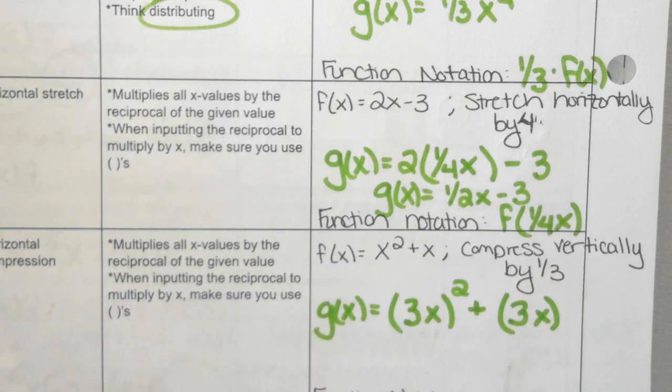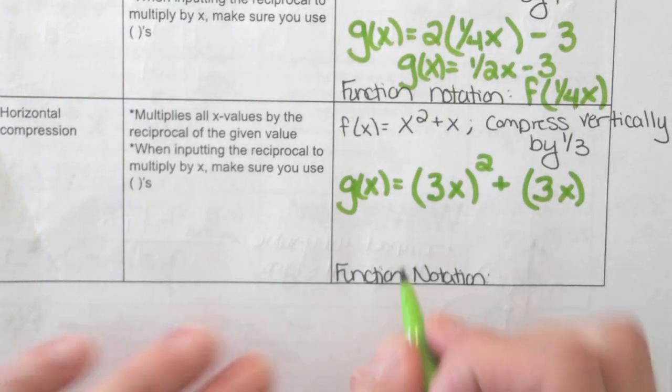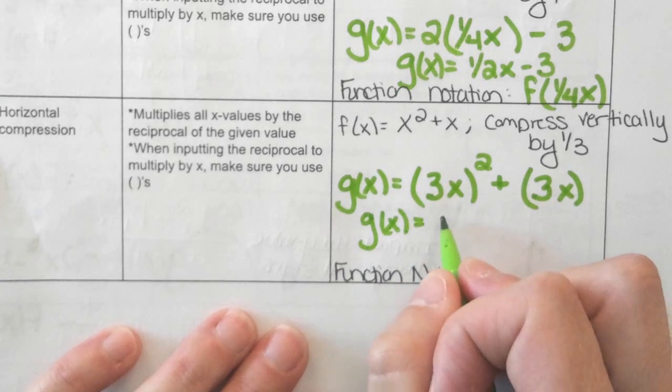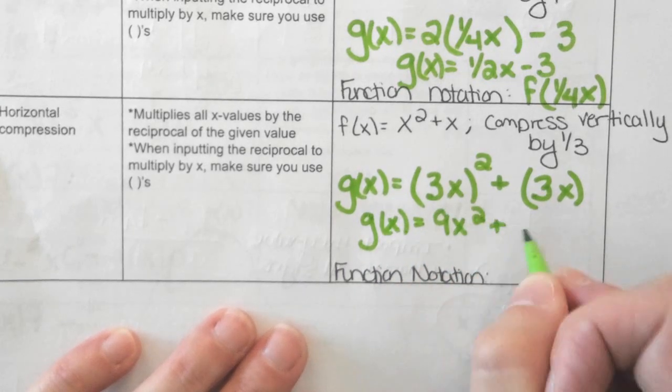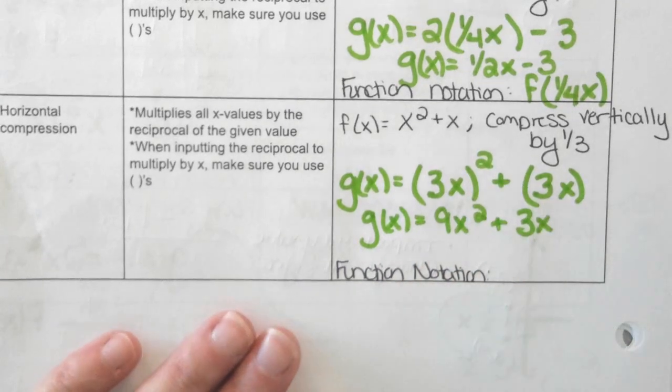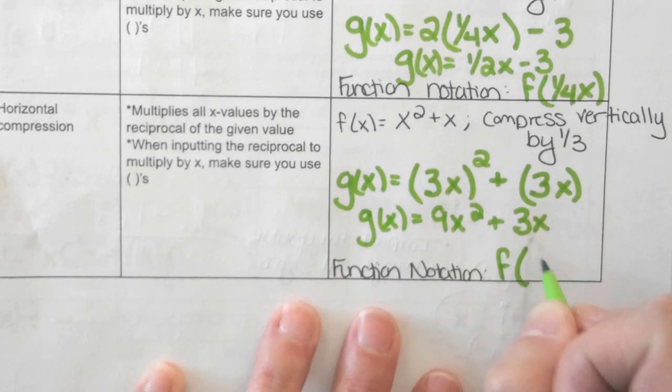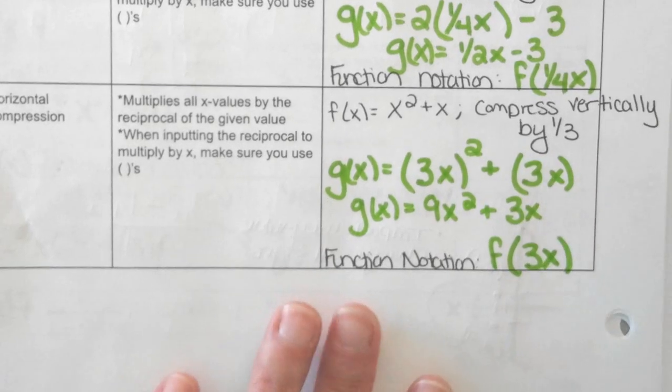And the 3 would go in there as well. And yes, I do want you to simplify here. G of x equals 9x squared plus 3x. Don't forget to square the coefficients of 3 and also the x. My function notation, what did I just do? I took f of 3 times x.